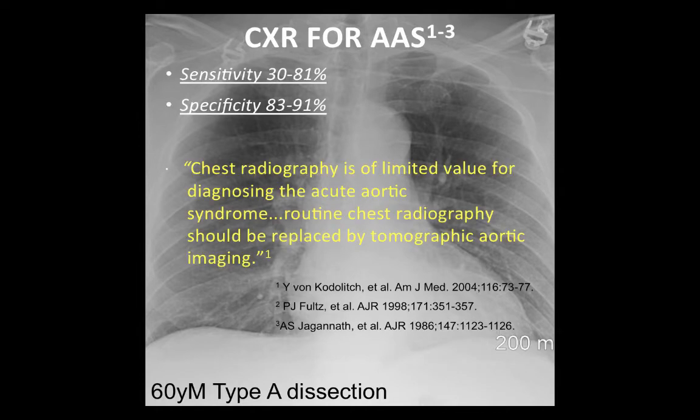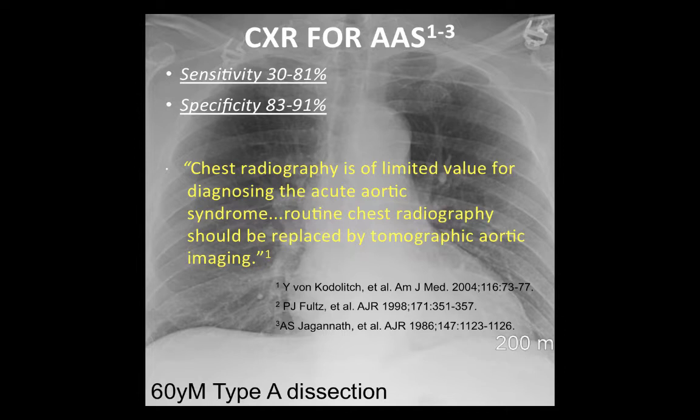And in fact, there was a meta-analysis published in 2004 that described a very wide range of sensitivities and specificities for chest x-rays in the detection of acute aortic syndromes. The sensitivity and specificities were so broad that the recommendation of this meta-analysis is that chest radiography is of limited value in diagnosing acute aortic syndrome, and routine chest radiography should really be replaced by tomographic aortic imaging.